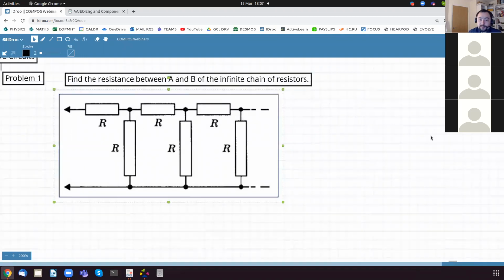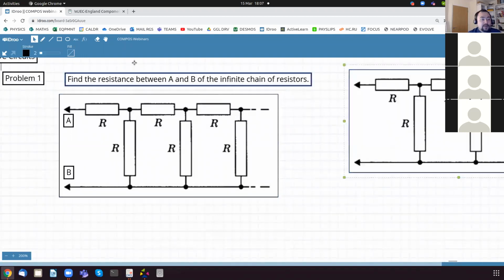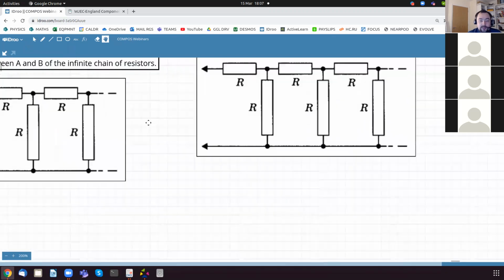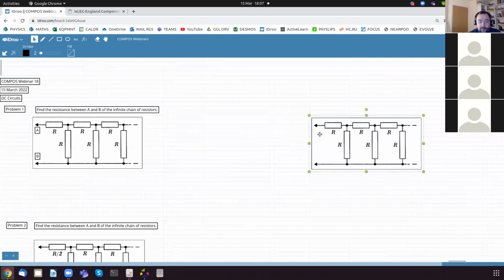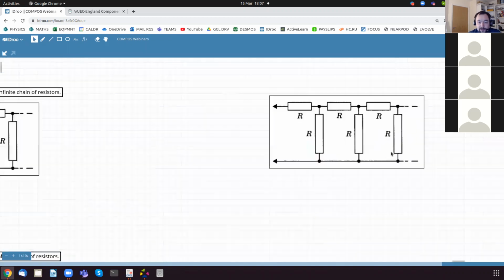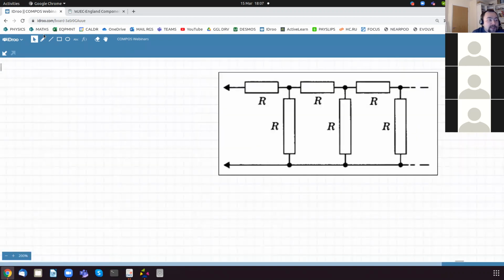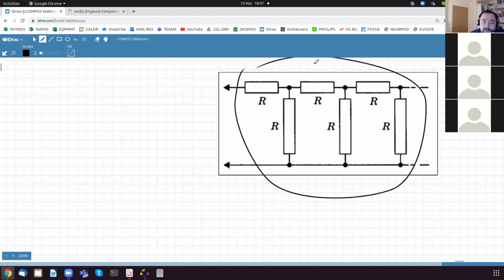So copy and paste. Let's say this chain of resistors has resistance R1. So the whole thing has resistance, well, the total, as in total, R sigma.